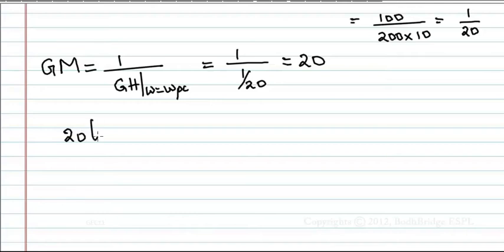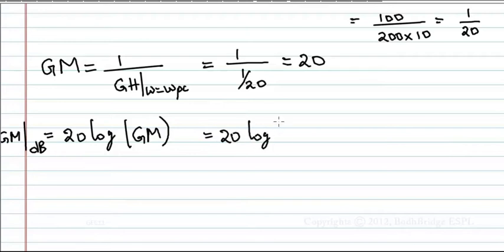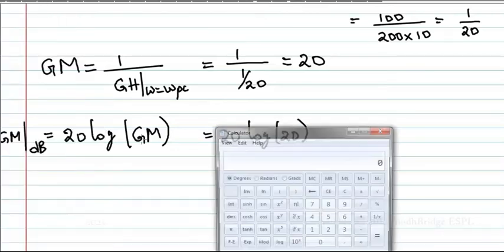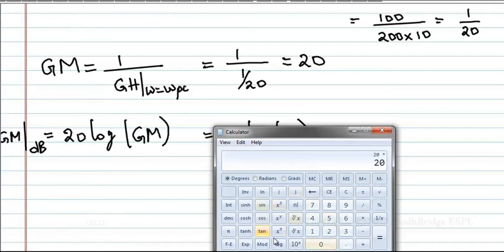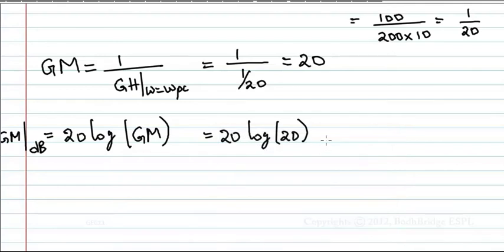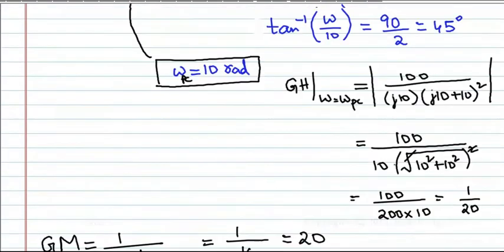So 20 log how much? Gain margin in dB is equal to 20 log of gain margin in linear scale, that is 20 into log 20. Okay, this we'll calculate. 20 log 20 is how much? 26.02 dB. This is the answer.